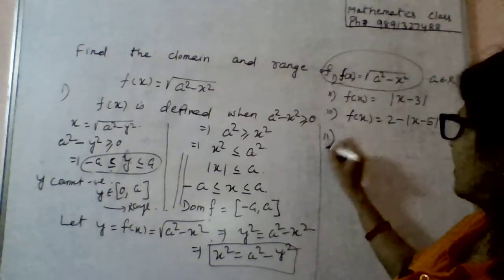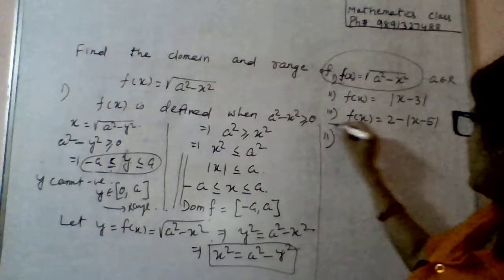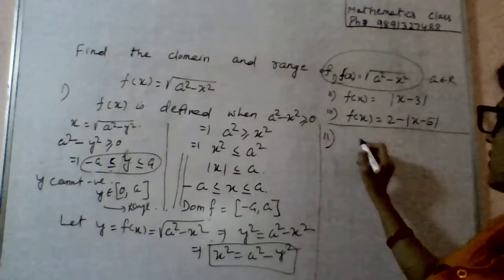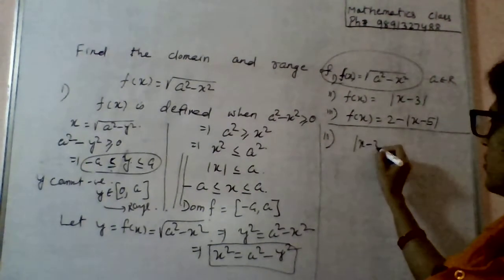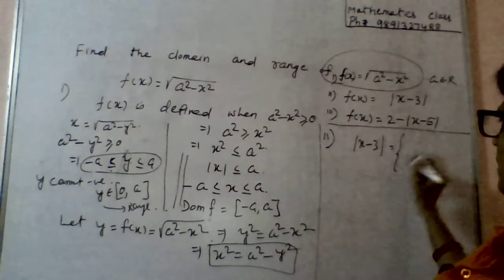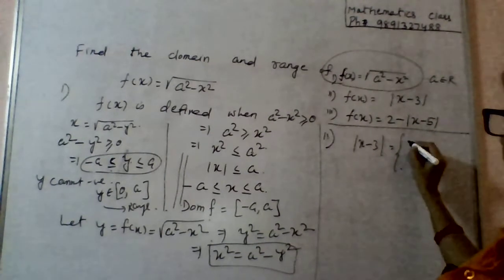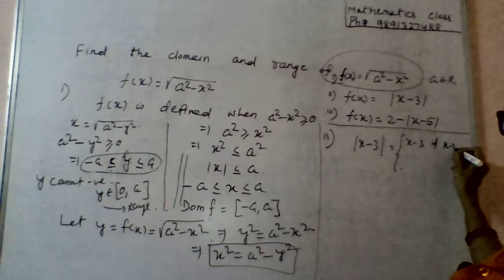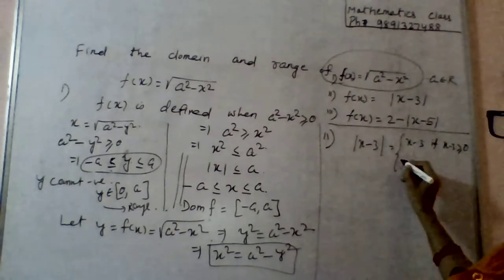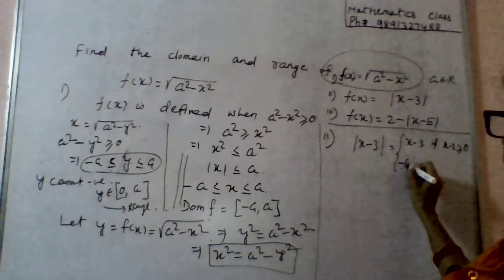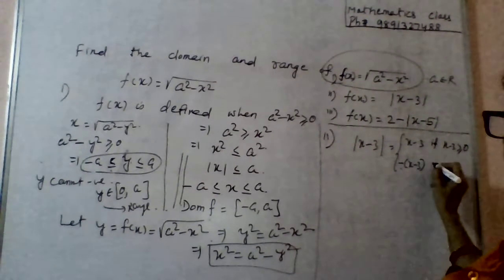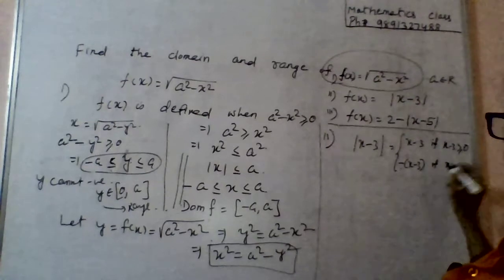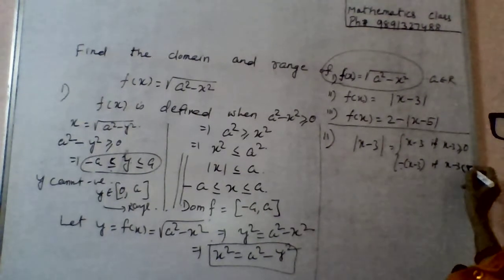Now coming to the second one, quickly we'll go. So you have f of x equal to this. As per the definition of the mod function, it is x minus 3 if x minus 3 is greater than or equal to 0, and minus of x minus 3 if x minus 3 is less than 0.